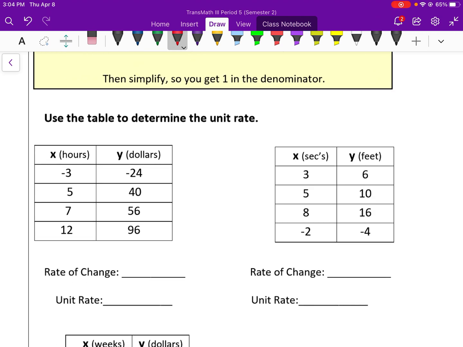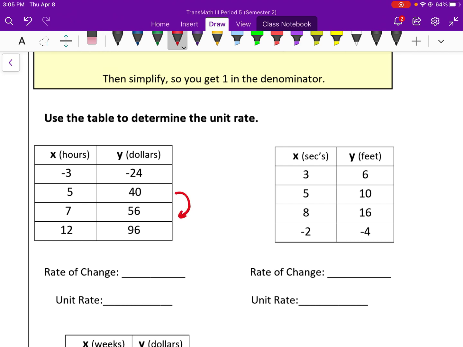Okay, x and y. You can use any two of those four, so what we have to do is figure out that change in y and change in x. Now I see negative 24 to 40. I don't want to deal with that negative, so let's pick two other ones.